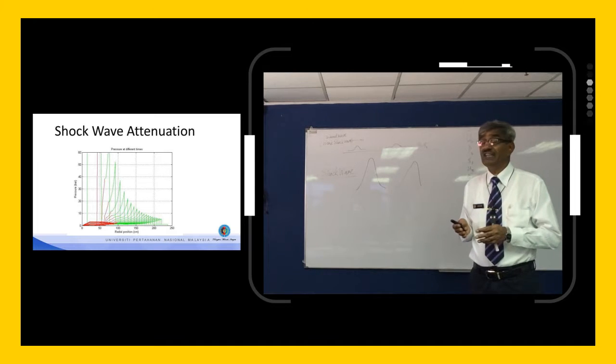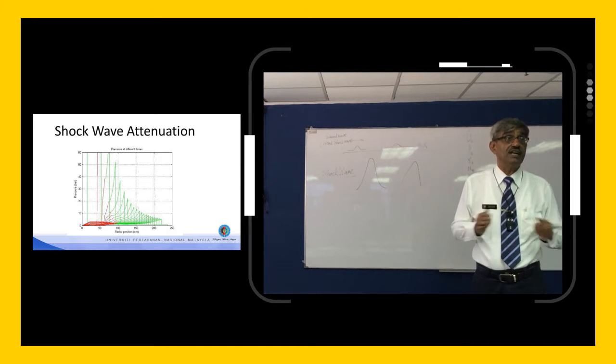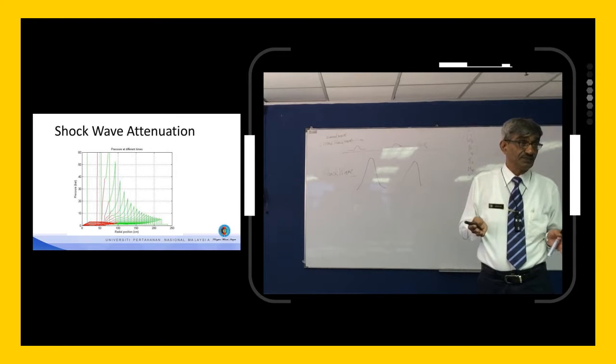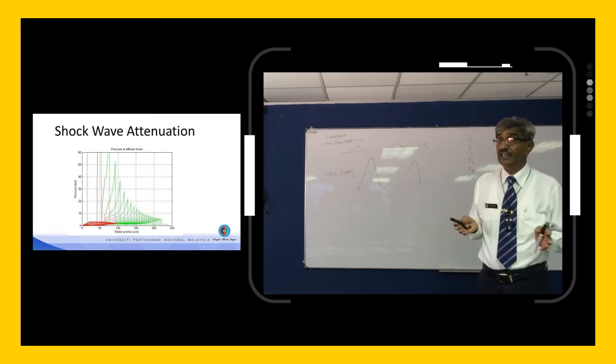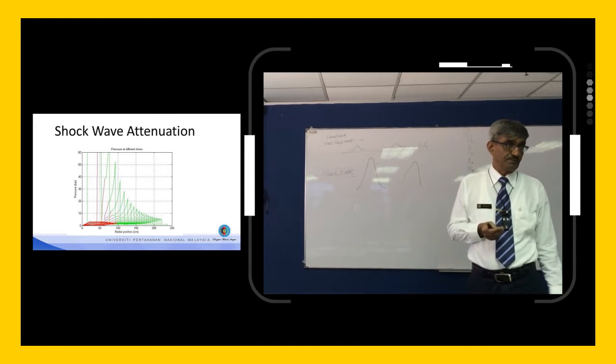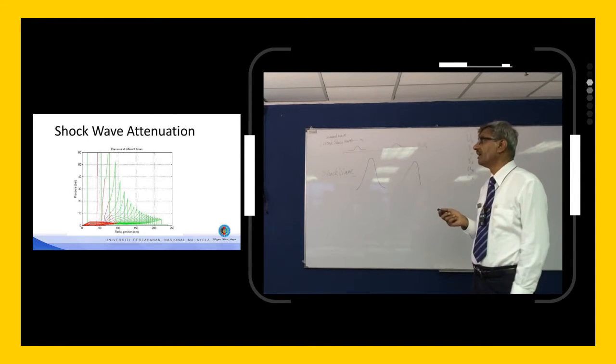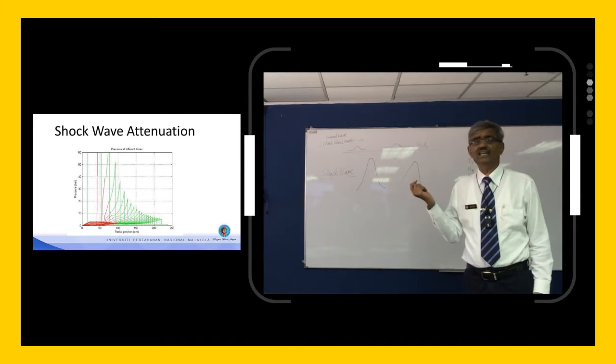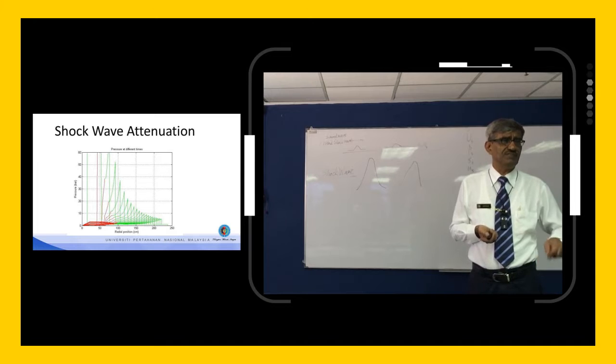But the shock wave traveling in atmosphere without any support, without any further chemical energy release, would be called blast wave. So when we talk of blast wave, then we cannot add energy into it.